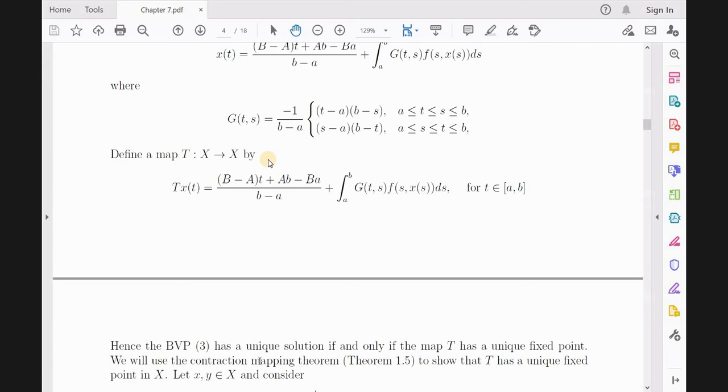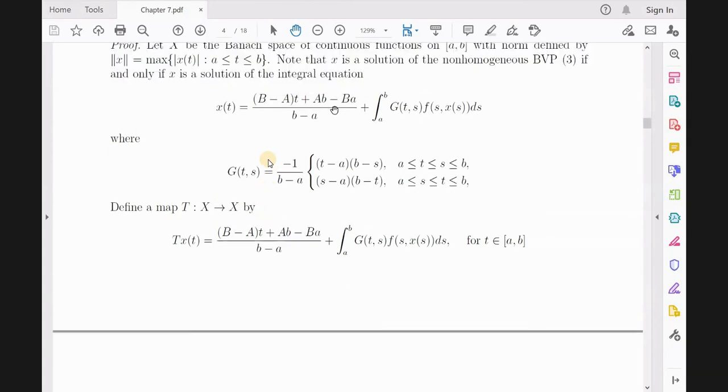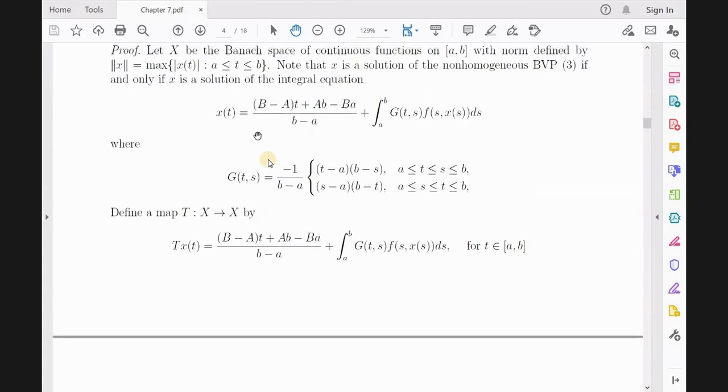So the boundary value problem has a unique solution if and only if the map T has a unique fixed point. Because you can see, if T has a fixed point, then this integral equation has a solution.